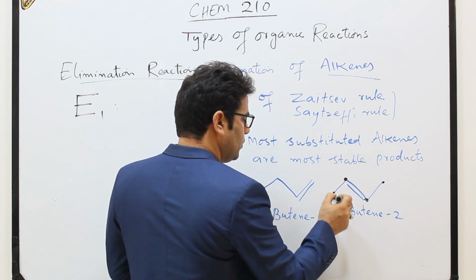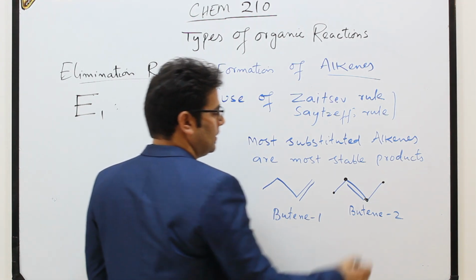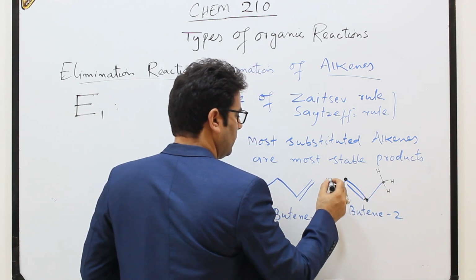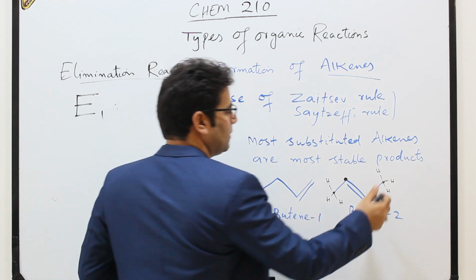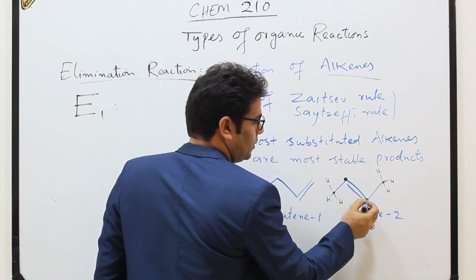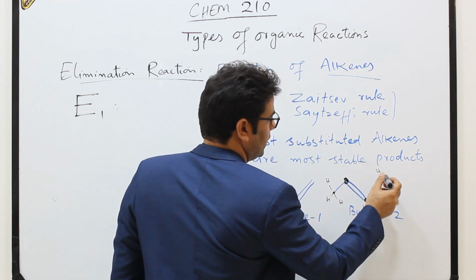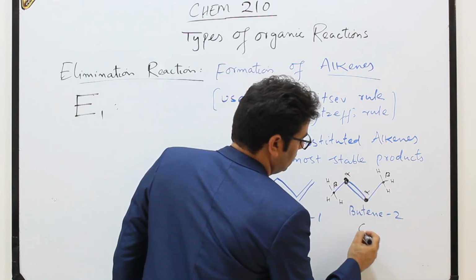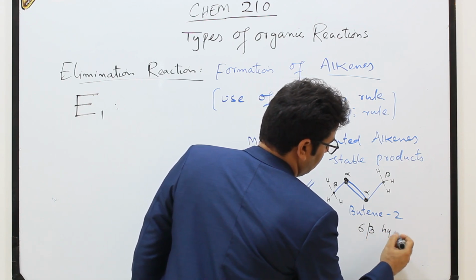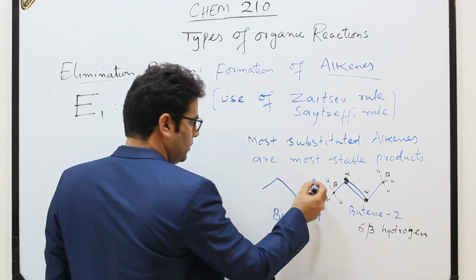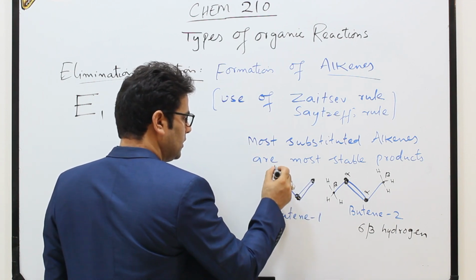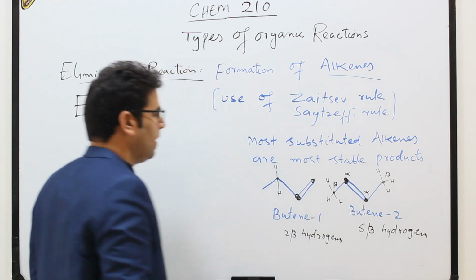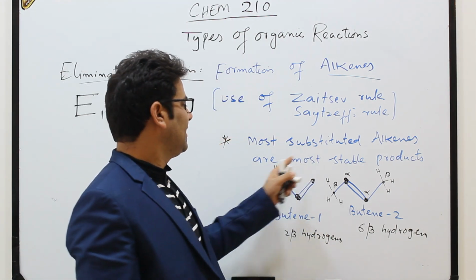How many hydrogens? 1, 2, 3, 3 plus 3, 6 hydrogens. These are alpha and beta carbons, so 6 beta hydrogens. But if you see this other double bond, it has only 2 beta hydrogens. Now this rule says most substituted alkenes are the most stable products.